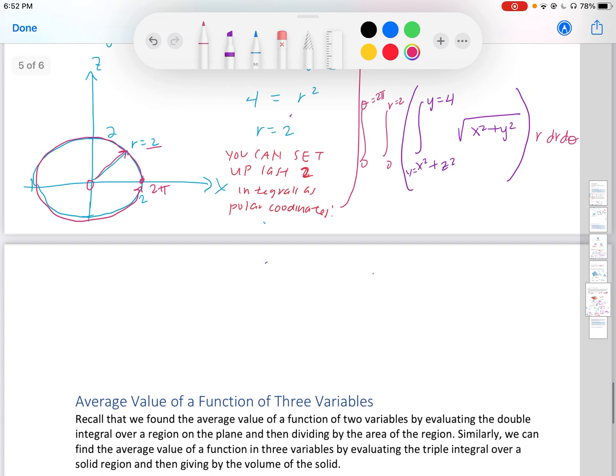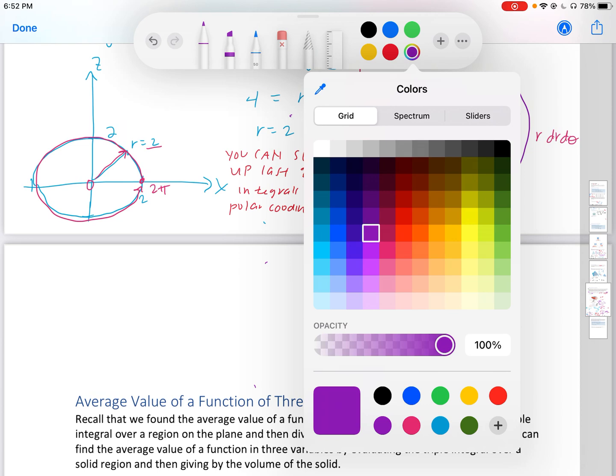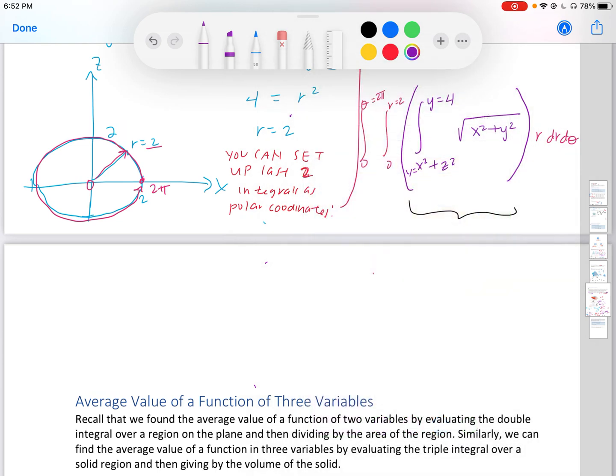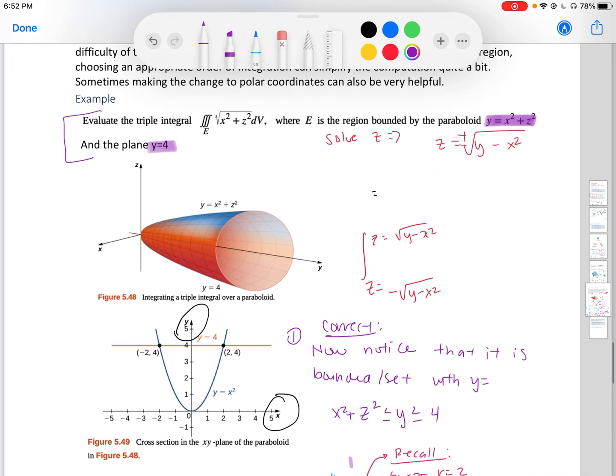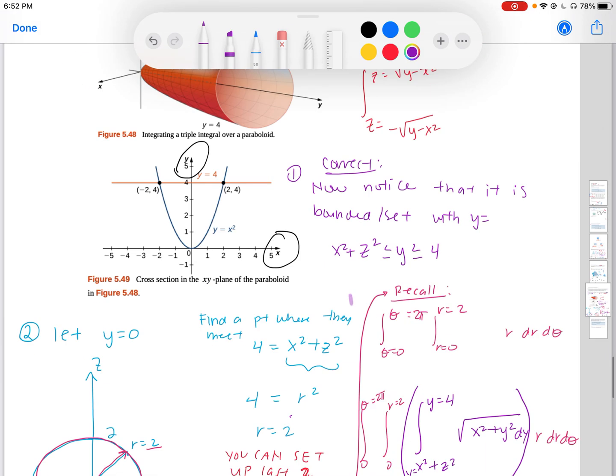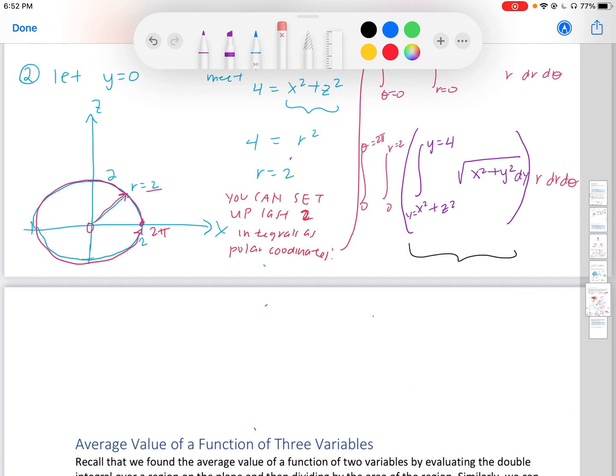All right, let's do that inner part first. So for that inner part, we can integrate, oh, I forgot to write what we're integrating for. This is dy. And I also wrote my equation incorrectly. We're integrating with the equation x squared plus z squared. So this is z squared. All right. Now we first integrate in terms of y. Luckily, y is not within our integral, so our integral is actually a constant.